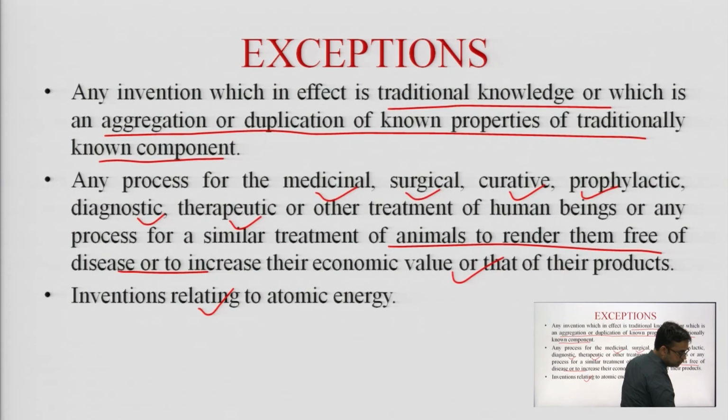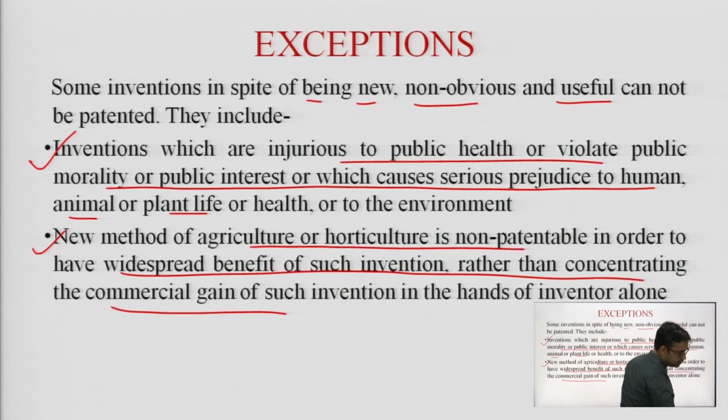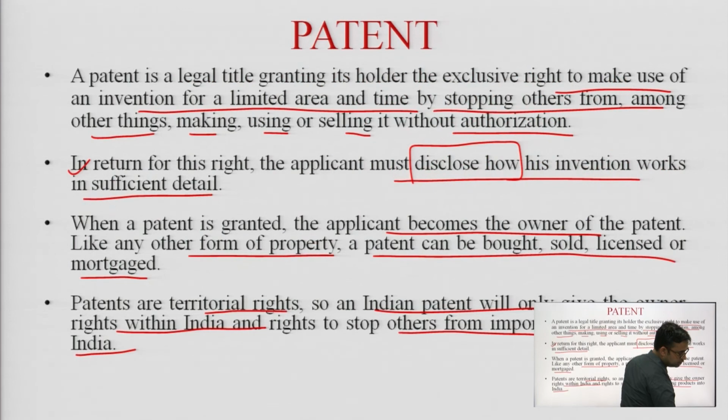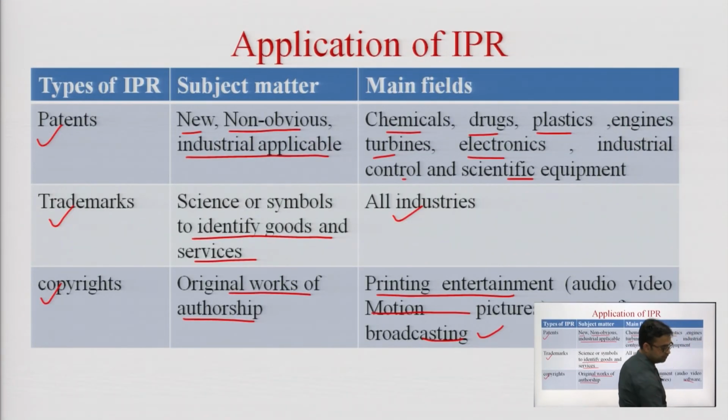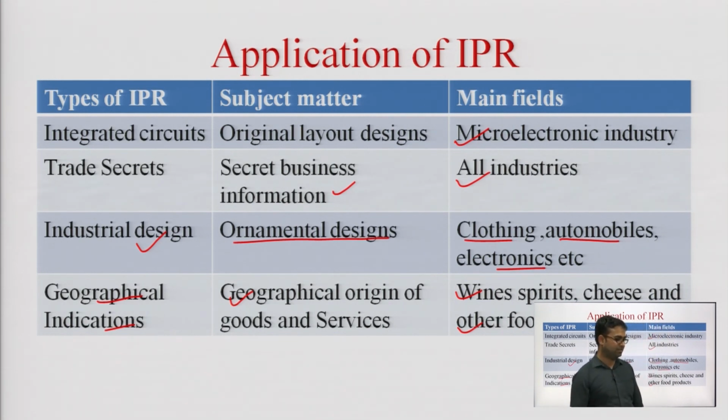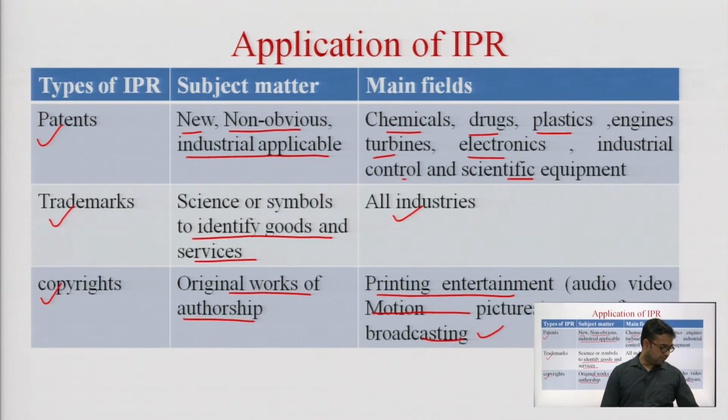So these are a few pieces of information regarding what is to be patented and what is not. The basic thing we need to understand is that IPR is basically patents, trademarks, copyrights, integrated circuits, trade secrets, industrial design, geographical indication. So these are very important.